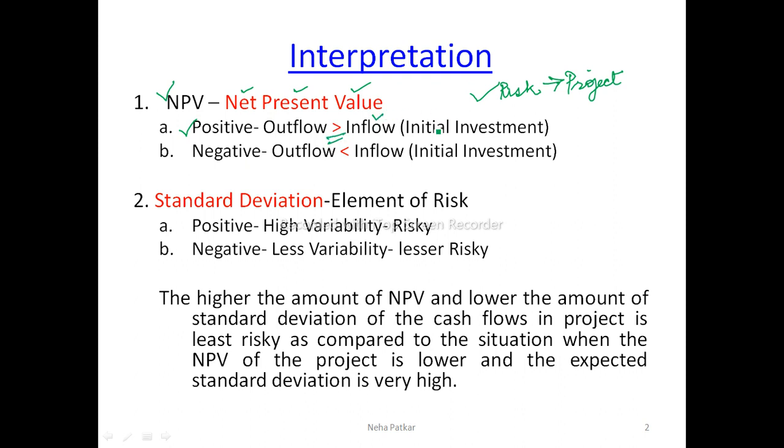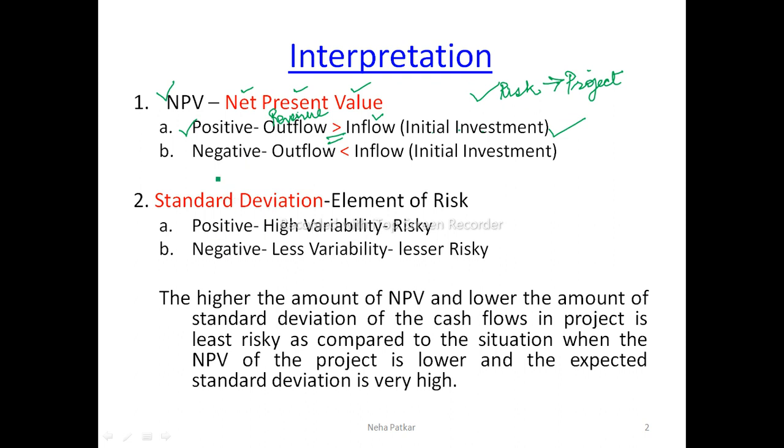What is inflow? Inflow is initial investment, the amount of money we have invested initially for starting of the project. And outflow can be the total revenue, profit, sale. Obviously, when revenue is greater than investment, we will take this project.